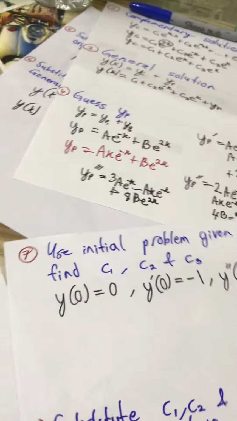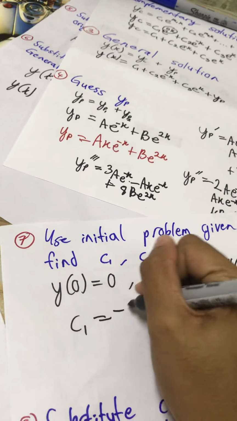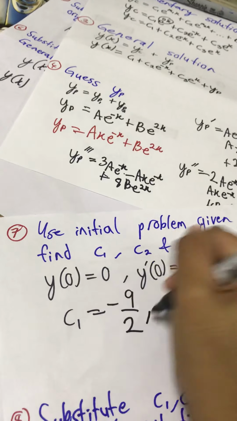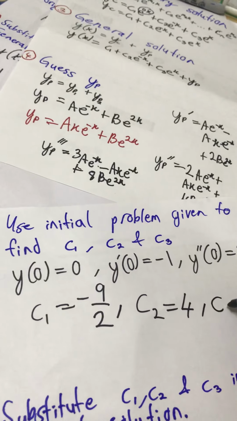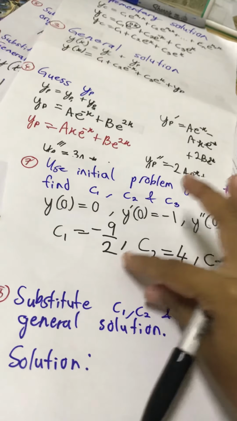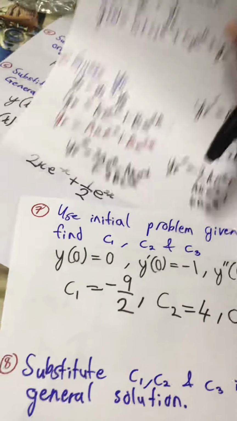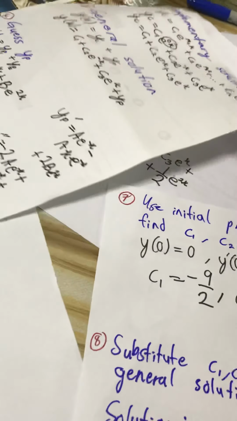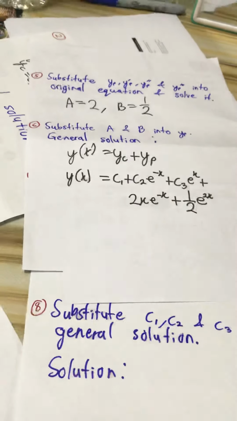So when we substitute the initial problem, we will get c1 equal to minus 9/2, and then c2 equal to 4, c3 equal to 0. Then we just substitute the c1, c2 and c3 into the general solution here. So we will get the final solution.